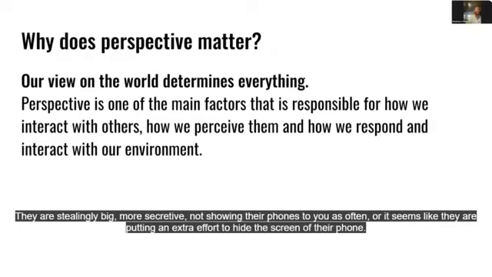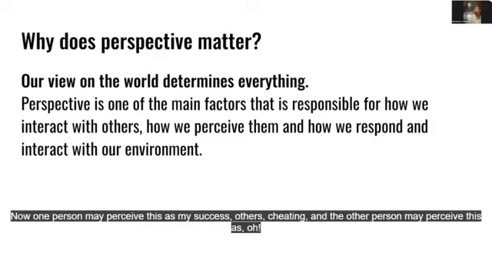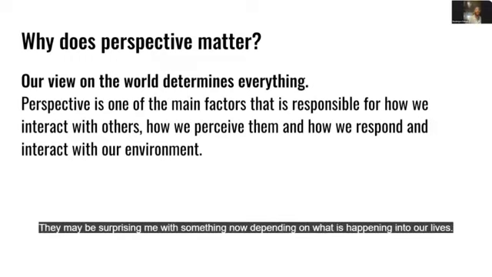They are seemingly being more secretive, not showing their phones to you as often, or it seems like they are putting an extra effort to hide the screen of their phone. Now, one person may perceive this as, my significant other is cheating. And the other person may perceive this as, oh, they may be surprising me with something.